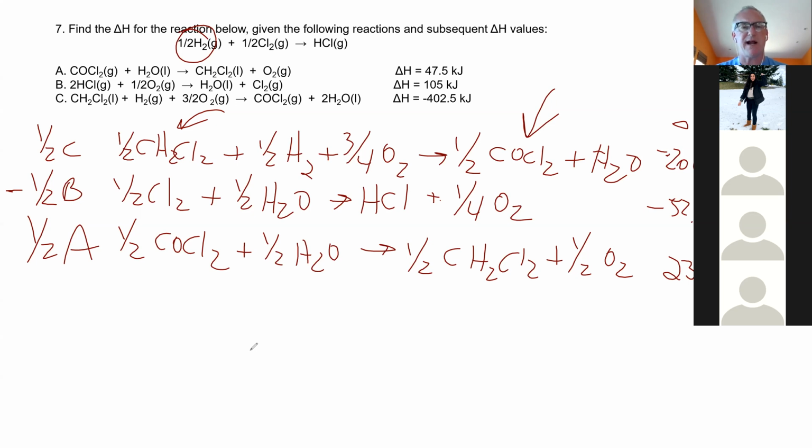So plus or minus? Did we flip it or did we just divide it by 2? Positive. It's still positive because we haven't flipped it. I make sure I put my little positive there so I don't forget.